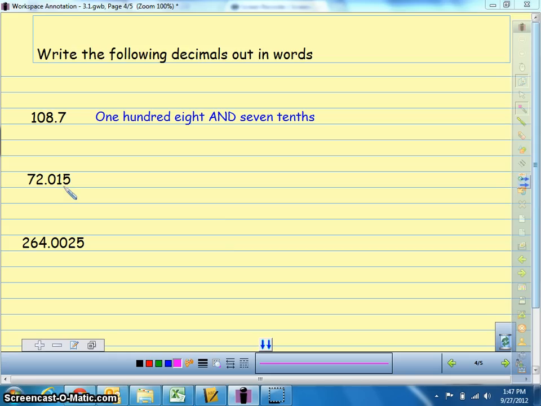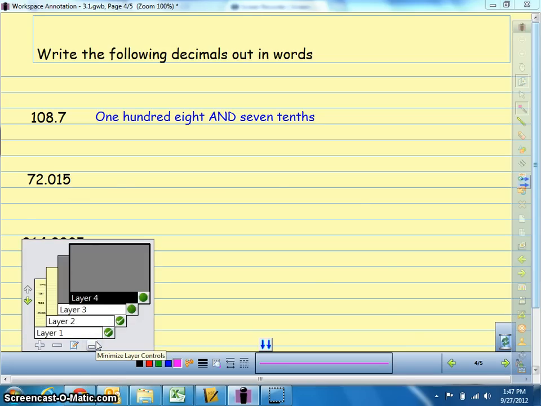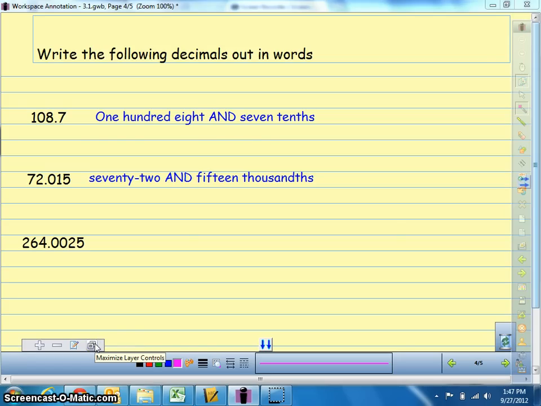Well, we would say it was 15, and then we label it with whatever that last number's place value is. So this one we would write as 72 and 15, what's that place value? Thousandths. And you'll notice that we have the THS on here to show our place value. So 72 and 15 thousandths.